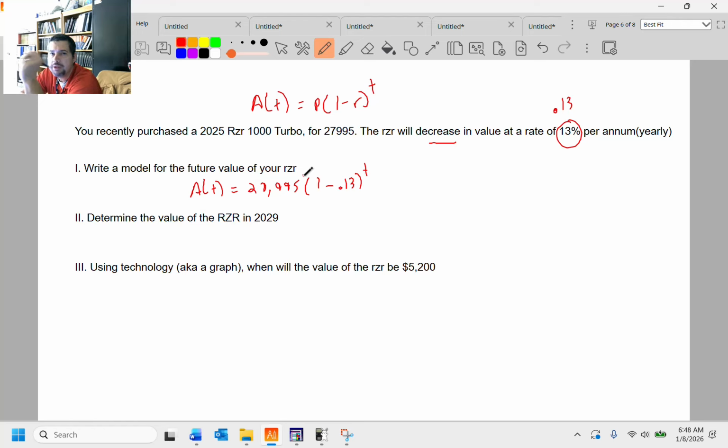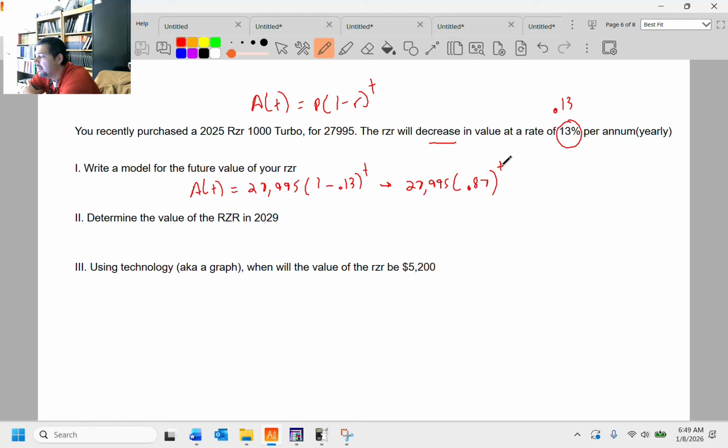I will take points off. It just makes no sense to stop there. You can't figure out what 100 minus 13 is? 1 minus 0.13 is 0.87. Good Lord, you could go push buttons on a calculator, kids, couldn't you? You could. So do it.